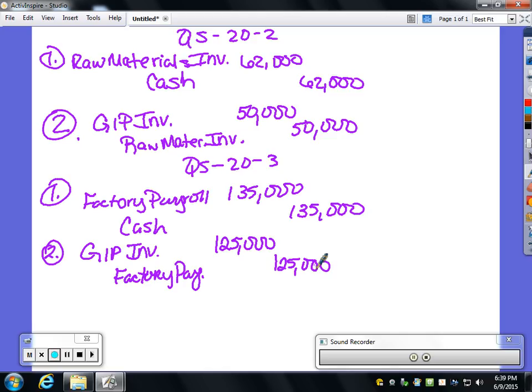Prepare journal entries to record 1, indirect materials requisition, 2, indirect labor used in production, 3, other factory overhead costs incurred, and 4, application of overhead to production. So 4 different journal entries.